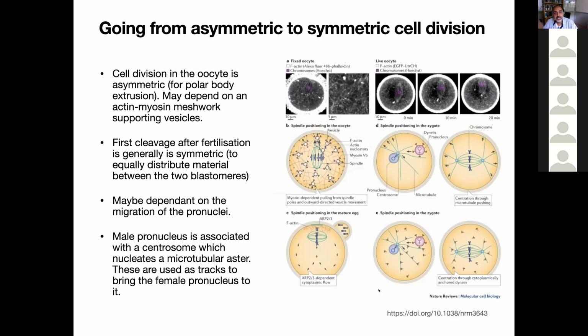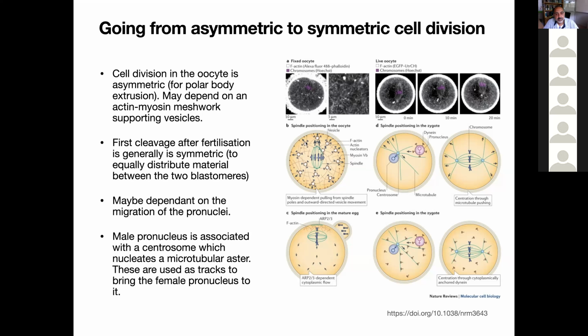So the other thing that now needs to happen is that we're going from asymmetric to symmetric cell division. This I'm going to skip through quite quickly. Those of you who are interested in actin-myosin meshworks and how they interact with vesicles to initiate spindle asymmetric cell division in the oocyte should probably have a read of this review here, because it is very fascinating, and I don't think I can do it justice so quickly.